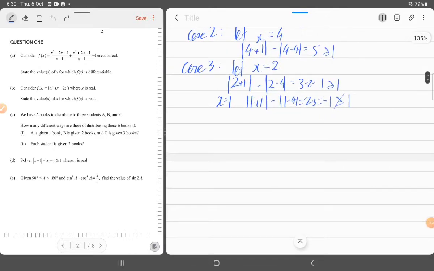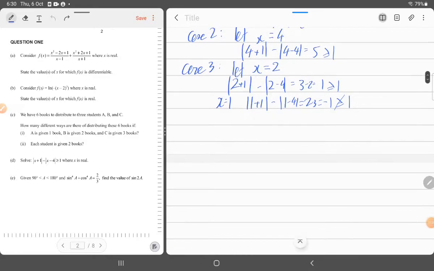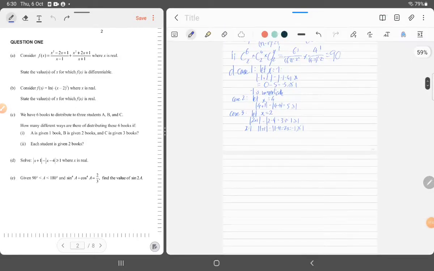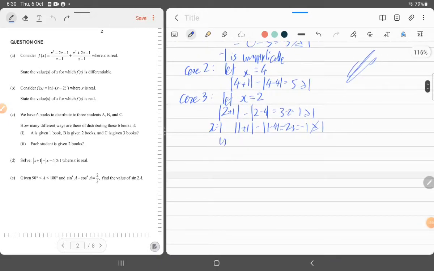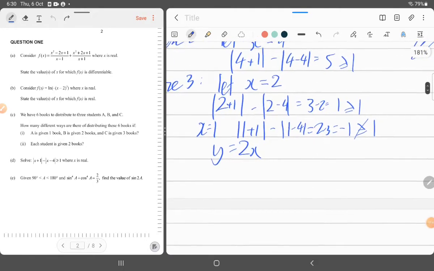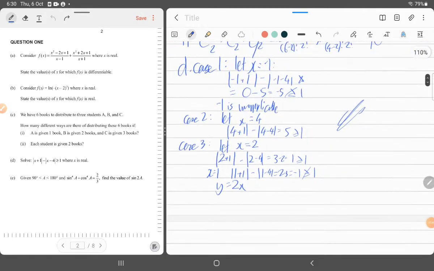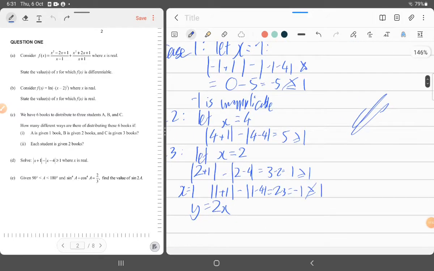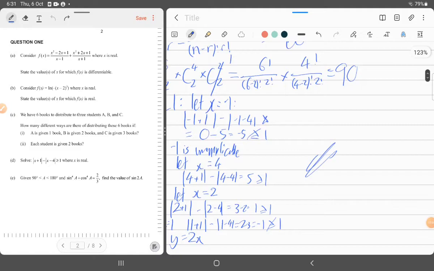So we can just say, wait, let me just test x equals 0 here.